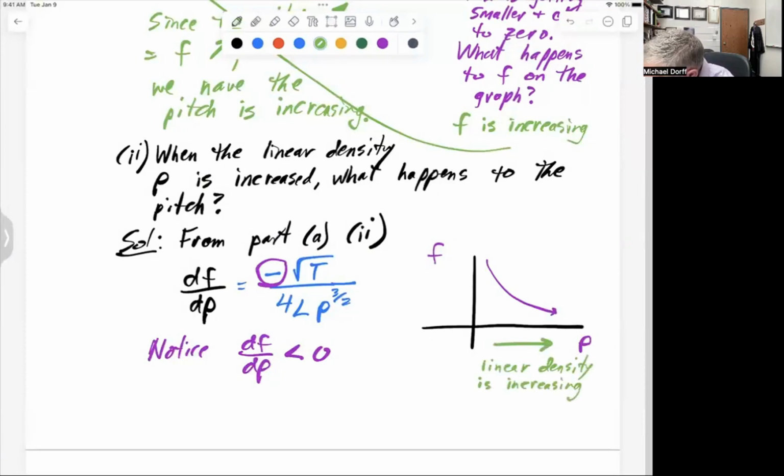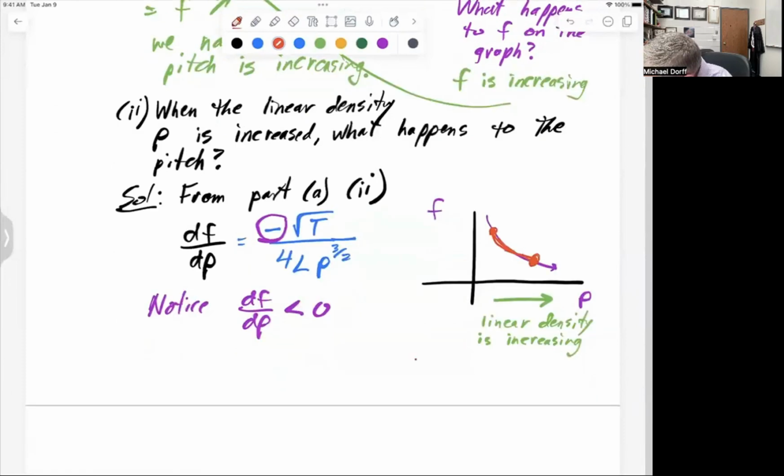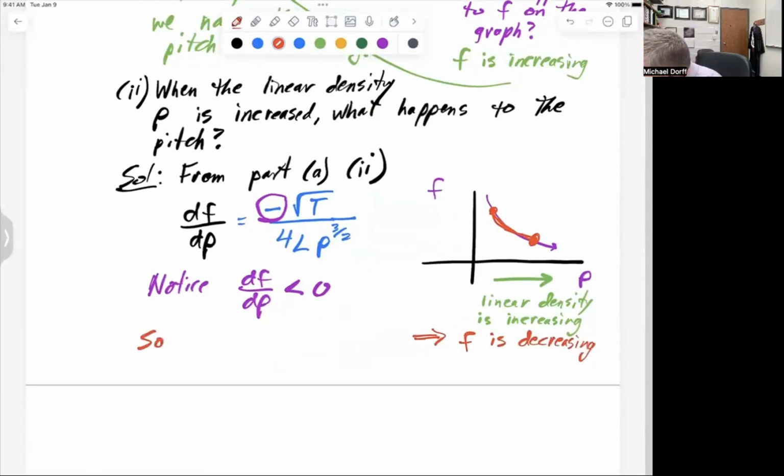What happens to the frequency? Well, the frequency is on my graph here. So as rho is increasing, I'm going farther to the right. Oops, my frequency is decreasing. So this results in the frequency decreasing. We've got that df d rho is negative. I look at my graph.